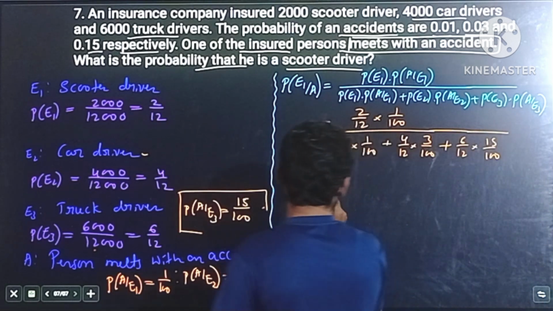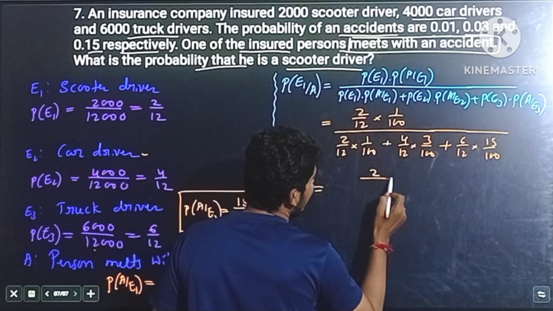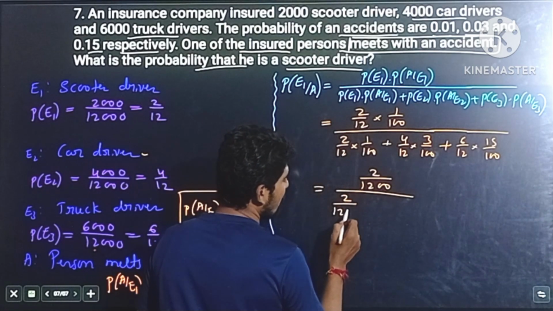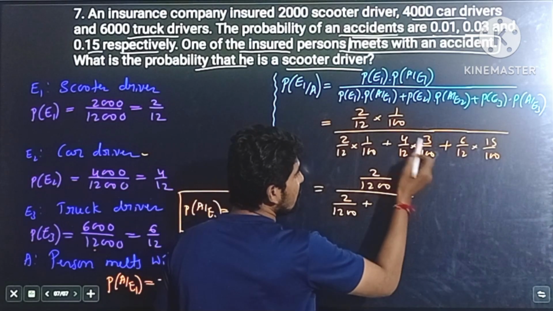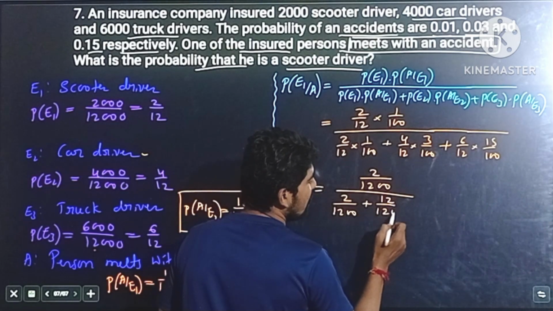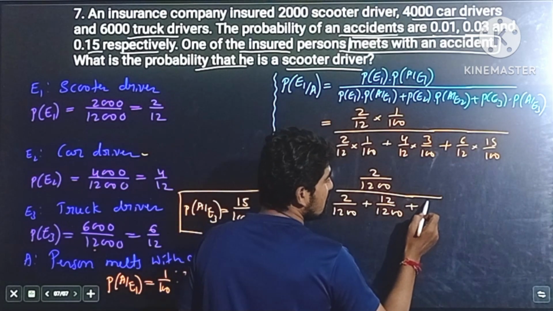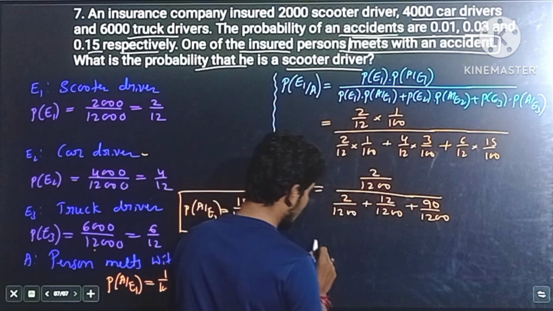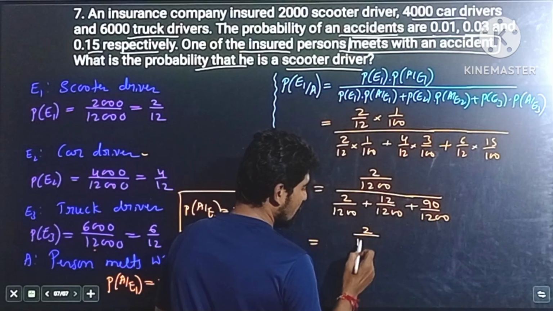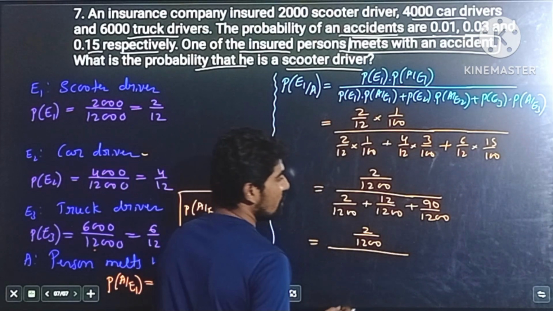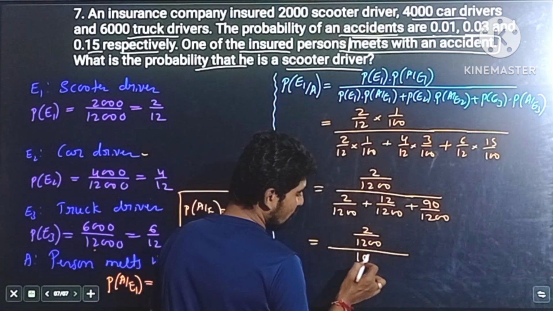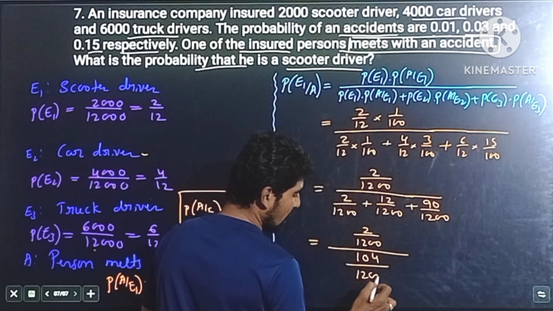Now this is equal to 2 divided by 1200, whole divided by 2 by 1200 plus 4 3s are 12 divided by 1200 plus 6 15s are 90 divided by 1200. Now this is equal to 2 divided by 1200, whole divided by 90 plus 12 is 102, 102 plus 2 is 104 divided by 1200.